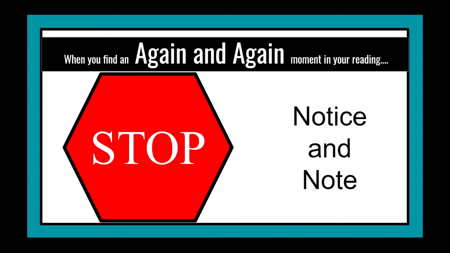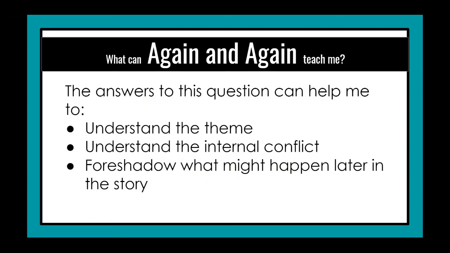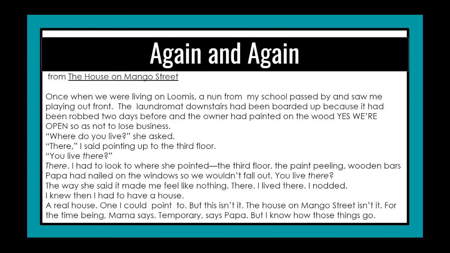When this happens, you need to stop, take notice, and note, and ask yourself, why does this keep happening again and again? The answer will tell you more about the theme of the story, or it could tell you more about the internal conflict of one of the characters, or it might be foreshadowing of what could happen later in the story.